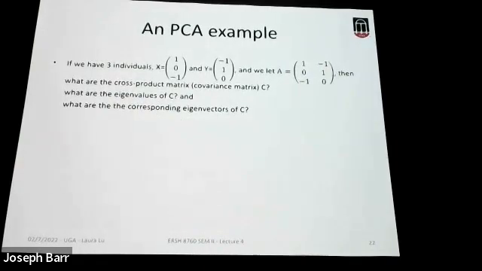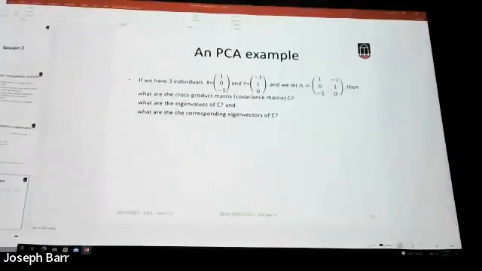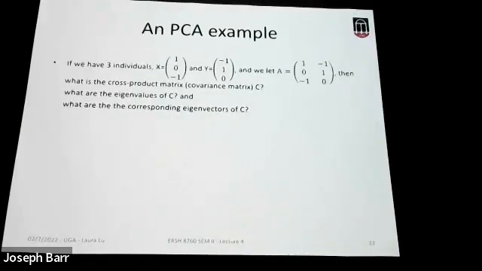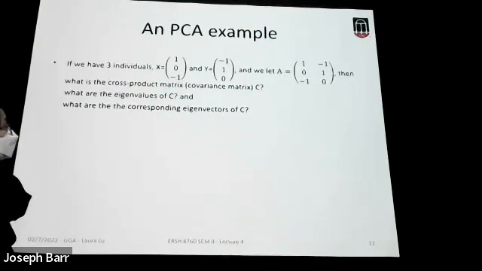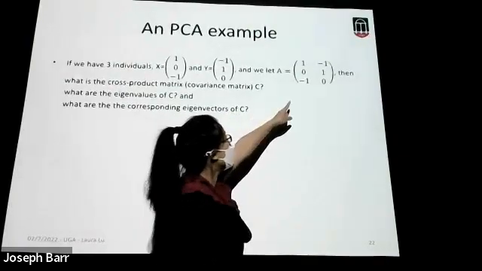Then the question is, what is the cross product matrix of this A? Yes, I'm wrong, it's C. So we have a matrix here.